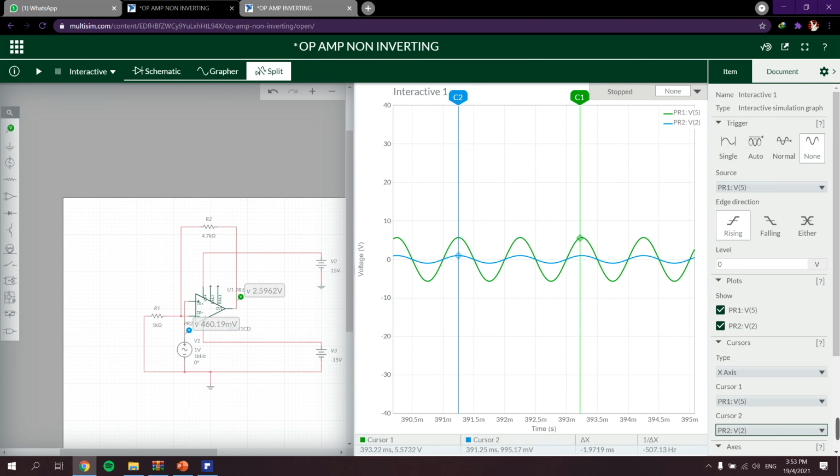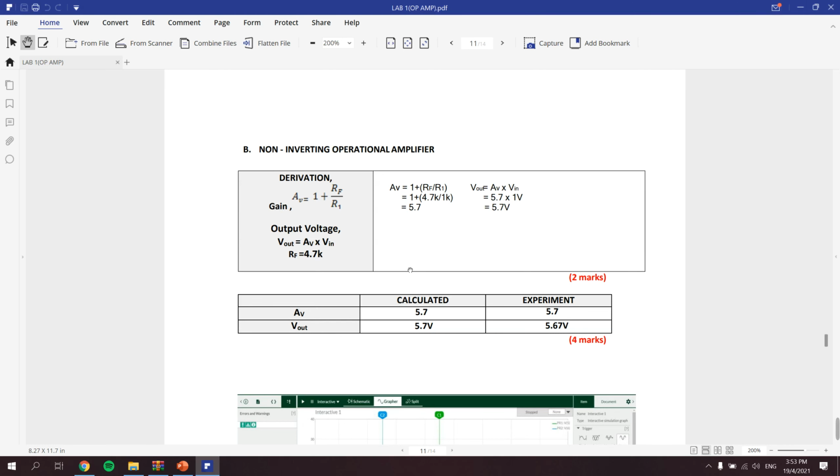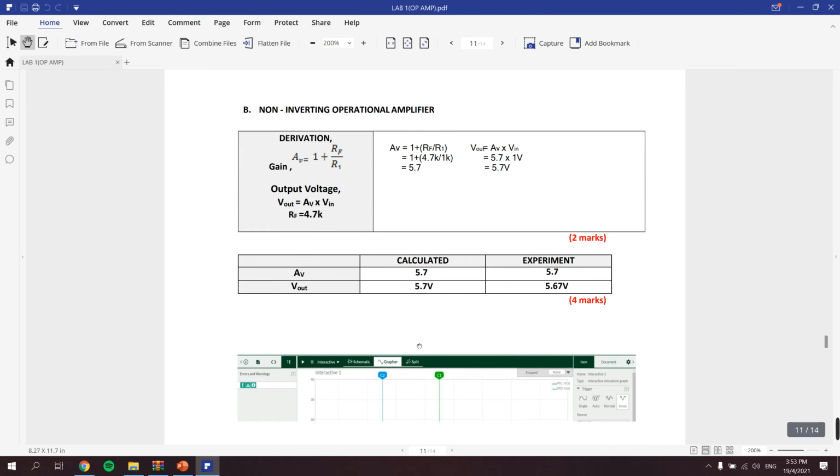C2 is supposed to be around 1, so this is around 1, and C1, the voltage out, is around 5.7 volt. So we got around what we calculated.